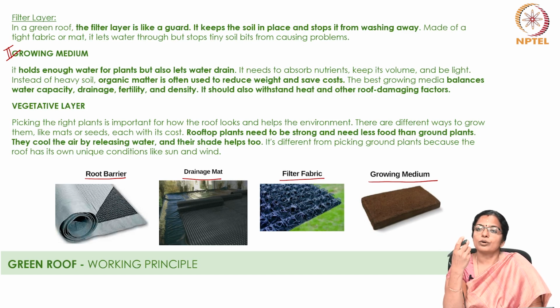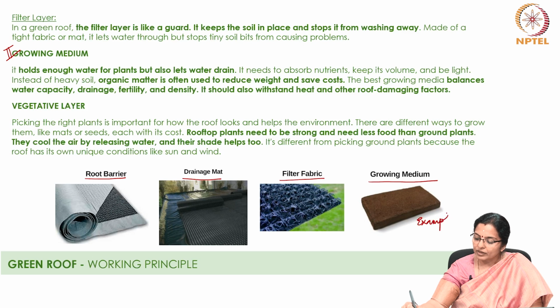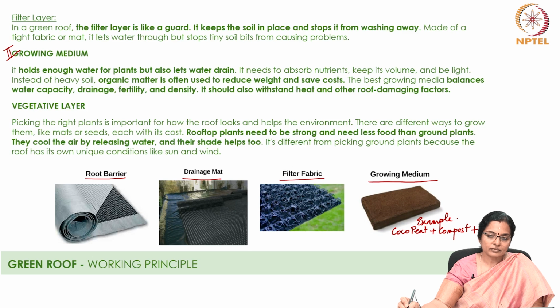Soil is used more like a binder for both of these. So, one example of a growing medium is a combination of coco peat plus compost. Compost can be vermicompost, plus soil, red and black soil.